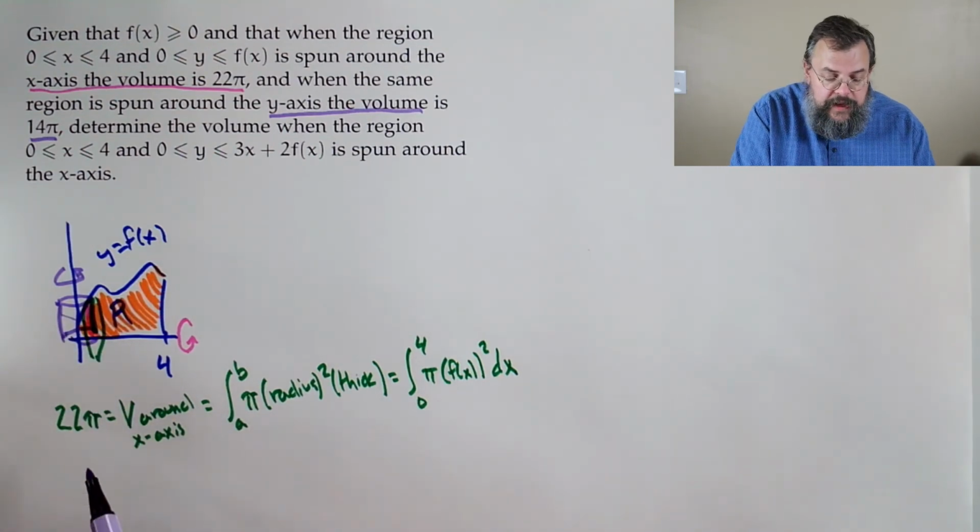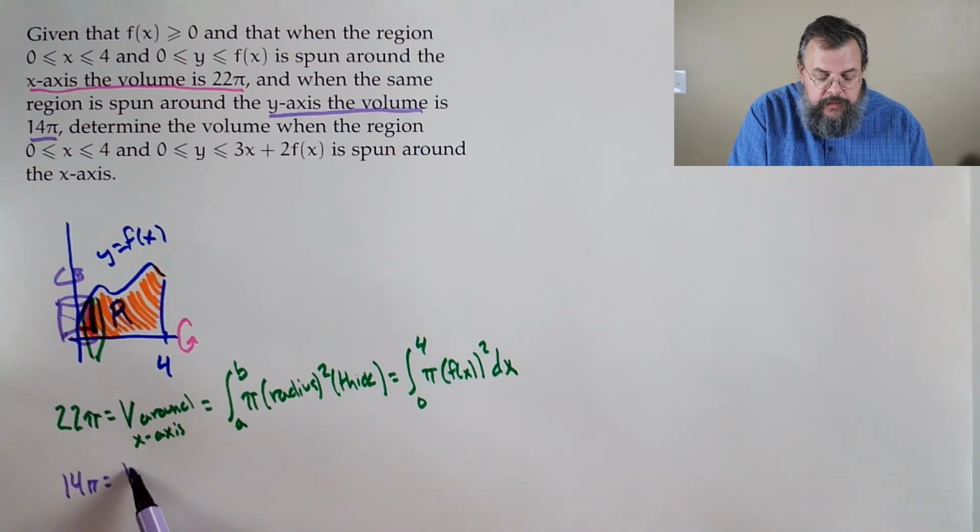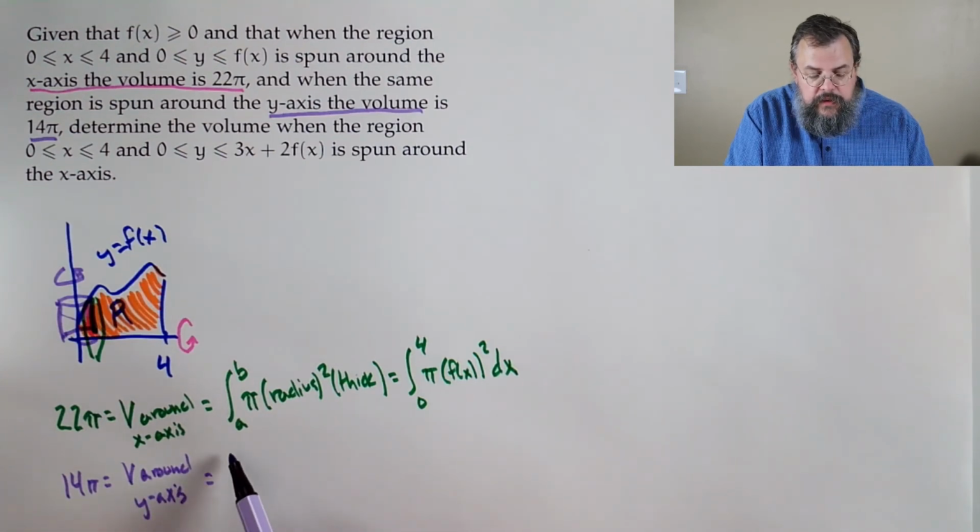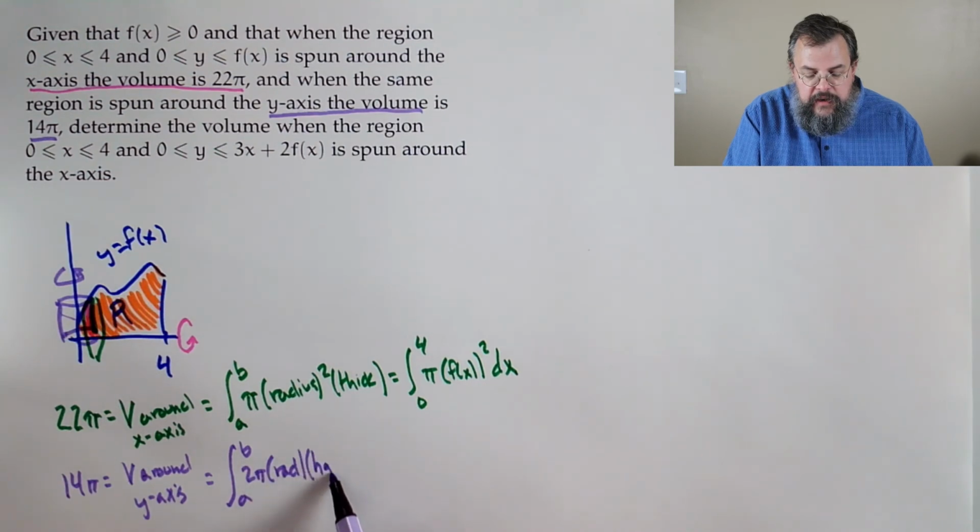So we have that 14 pi, which is the volume when we spin around the y-axis, is equal to, okay, adding up, start to finish, 2 pi. Then we have our radius, our height, and our thickness.